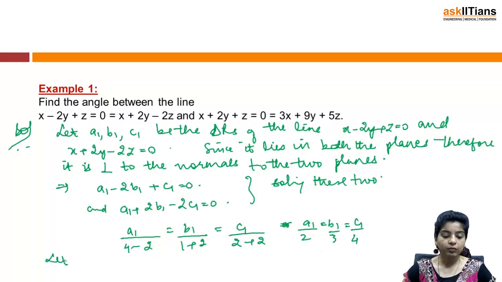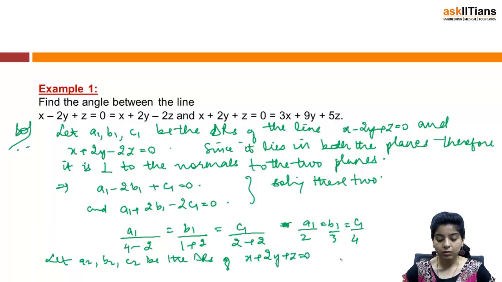Now again, moving on similar lines, let a2, b2, c2 be the DRs of the next set, which is x plus 2y plus z is 0 and 3x plus 9y plus 5z is 0, right?